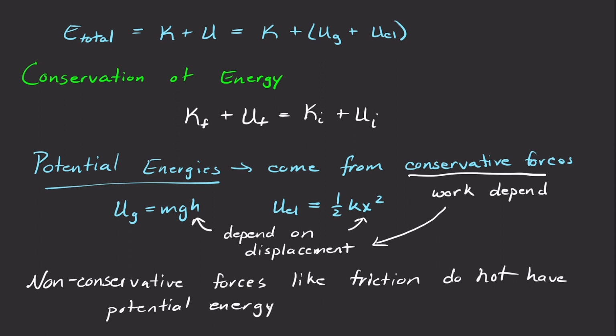Non-conservative forces are sometimes called dissipative because they may cause energy to be dissipated from the system instead of stored, whereas potential energies can store energy depending on where they are. If you're higher up in a gravitational field, you can store potential energy. If your spring is compressed or stretched more, so x is bigger, you can store more energy in the spring. But with non-conservative forces like friction, if you move them through a displacement, that energy gets dissipated as heat and is not able to be stored. So they're called dissipative or non-conservative forces.